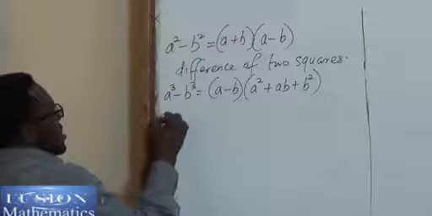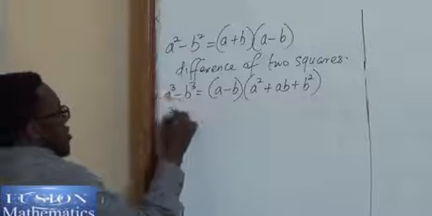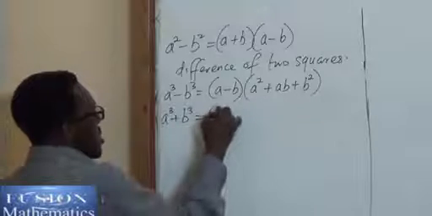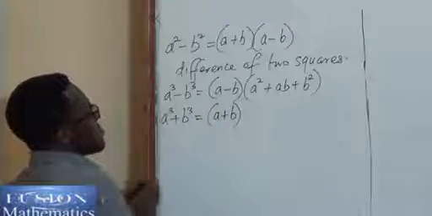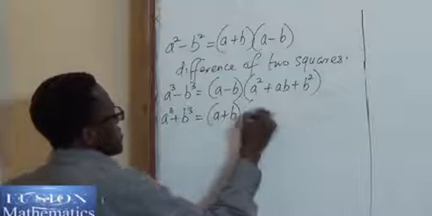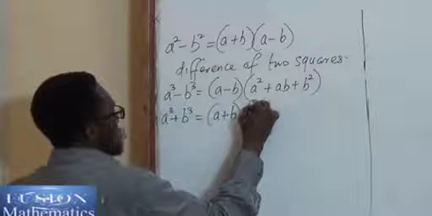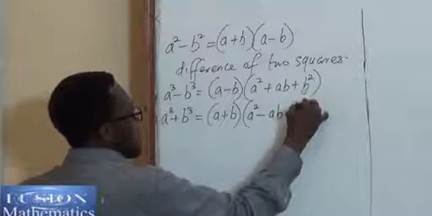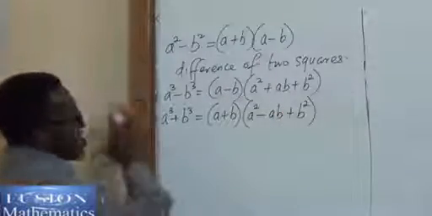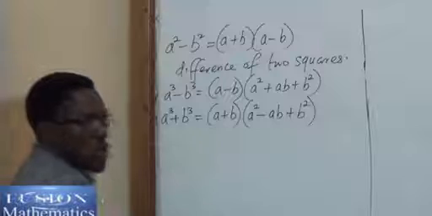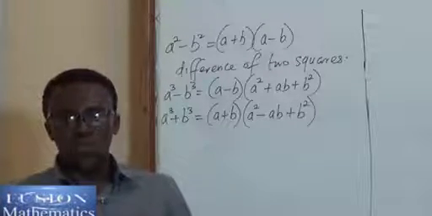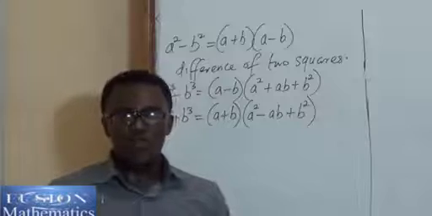Or if you see a cubed plus b cubed, this is equal to a plus b bracket a squared minus ab plus b squared. Now these expressions will assist us in solving some particular questions even in our JAMB examination.